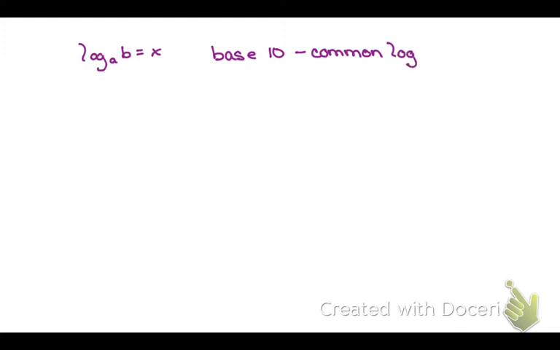And we just write log. We don't write a base. So we have log of 16. What's the base there? I didn't write one, so what's the base? 10. If you don't write a base, the base is 10.